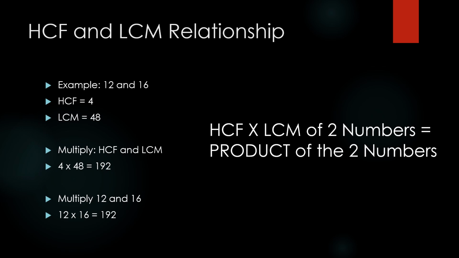We saw that 12 and 16, when we multiply, we get 192. And when we multiply the HCF and LCM of 12 and 16, we also get 192. This is what we are learning today, and we will be using it in solving problems.